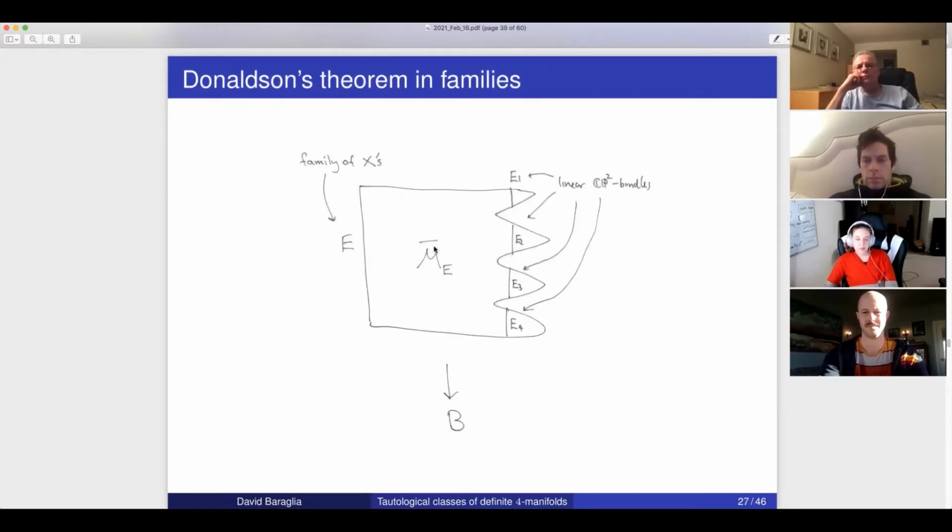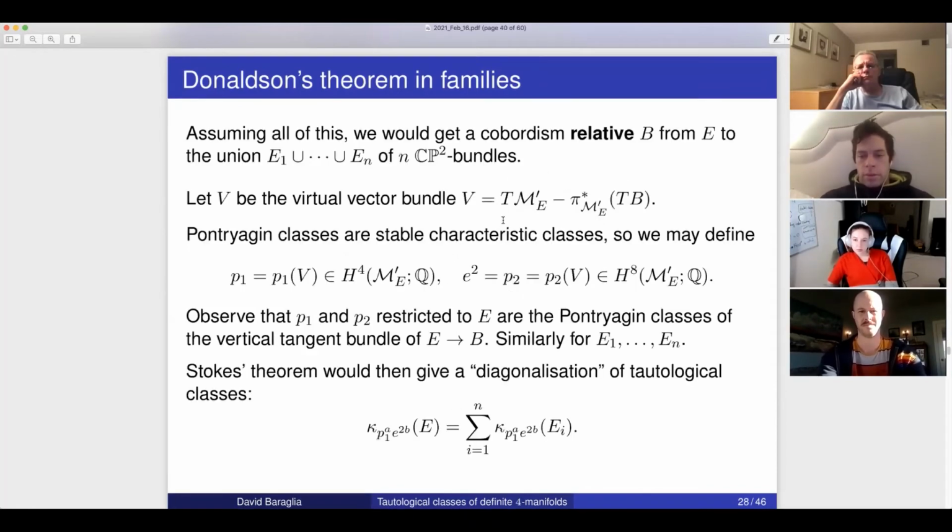Now what I'd like to say is that the tautological classes are the same by looking at the vertical tangent bundle, but this is not necessarily a fiber bundle. So I don't really have a vertical tangent bundle, but you have a virtual vertical bundle, because you just take the tangent bundle of M prime minus the pullback of the tangent bundle of the base. The point is that the Pontryagin classes are stable, so you can still take the Pontryagin classes of this virtual vector bundle.